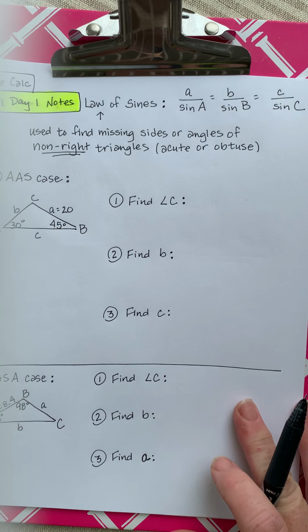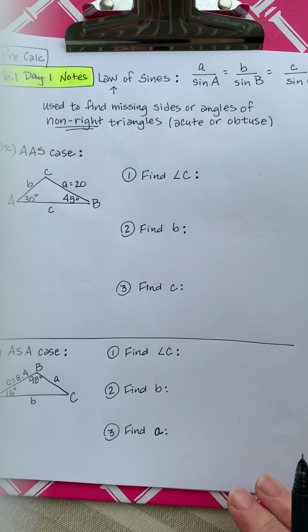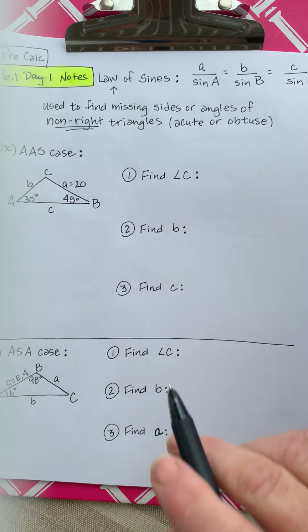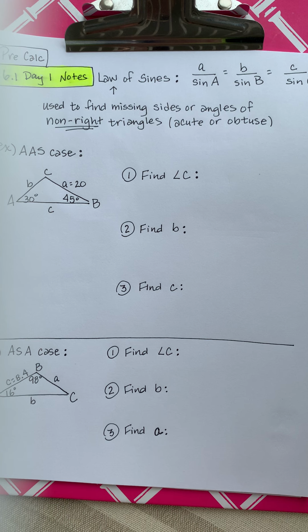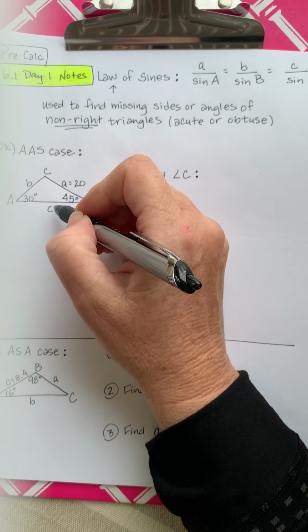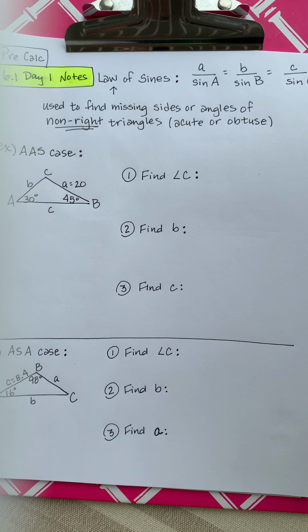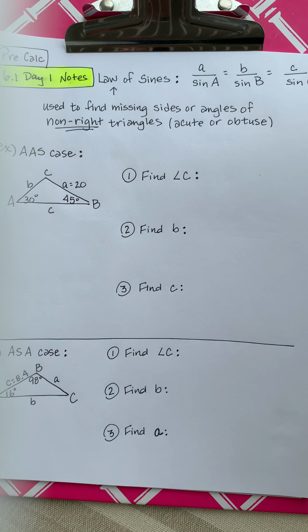You're going to show me work on how you find these, but they're not always going to be found in the same way. This is going to be true as we go through everything in chapter 6. For angle C, the easiest way to find it is just using subtraction, because the angles inside of a triangle have to add up to 180.